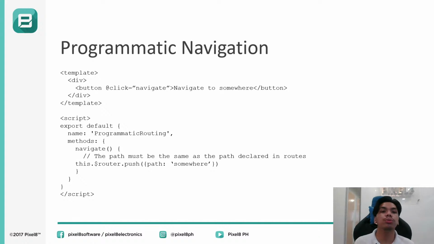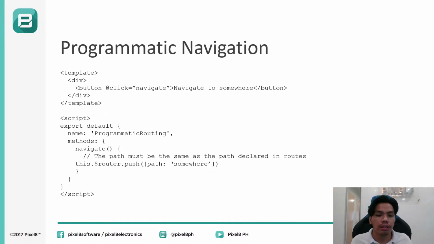In order to implement those features, you simply need to use push. Push is the most basic navigation for the programmer. You simply declare this $router.push, meaning you're going to push another route inside your current route.